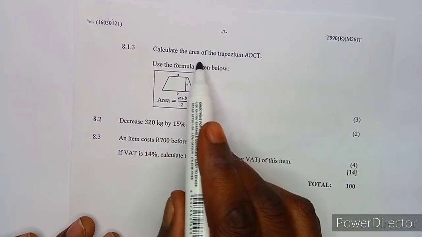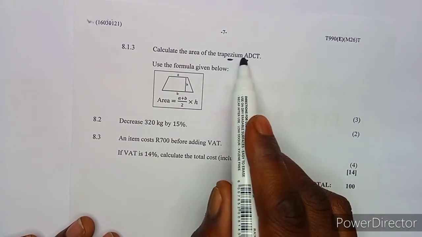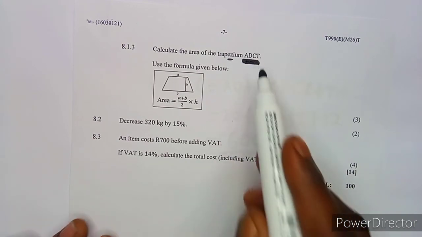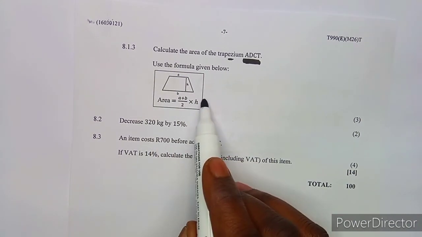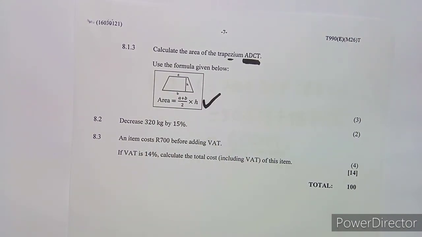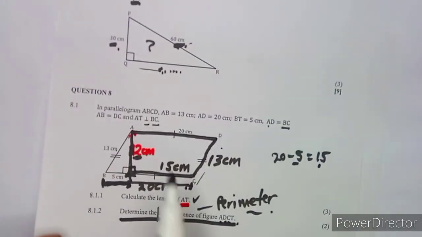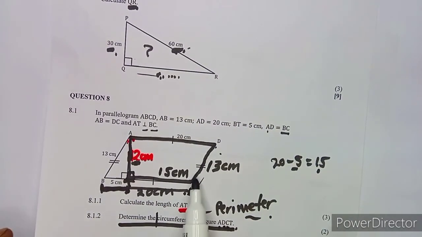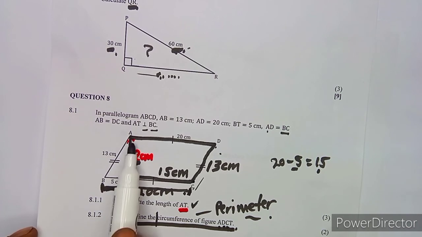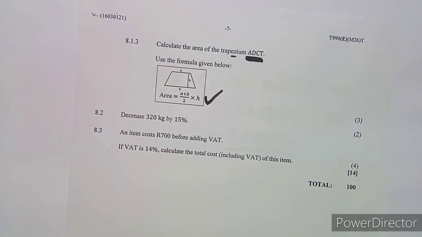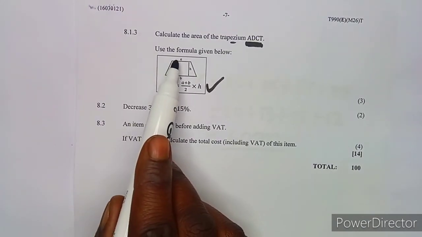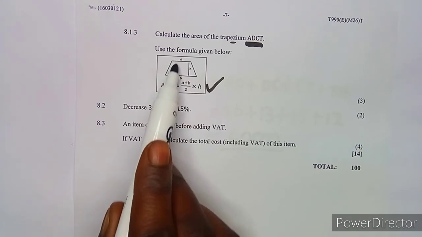Calculate the area of the trapezium ADCT. Okay, so we are given the formula to use. All right, so we need A, D, C to T. Remember, take note, from A to D to C to T. Using this formula, we are going to see that A and B are the sides which are parallel.